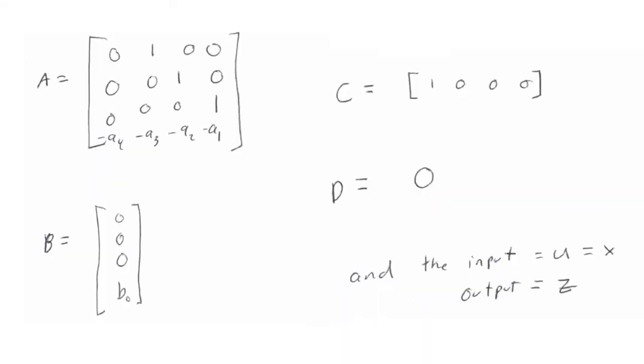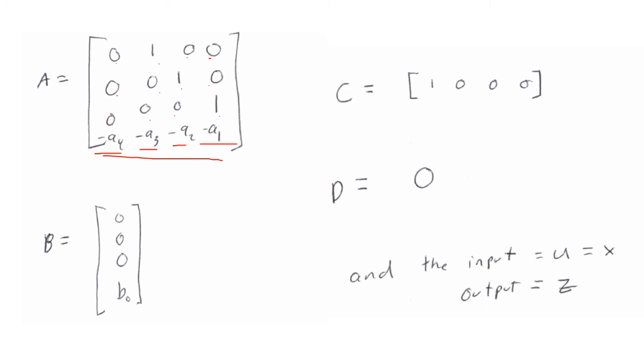I'm going to rewrite all of these a little bigger and clearer, so we can clearly understand what our A, B, C, and D are for this equation. Our A matrix is 0, 1, 0, 0; 0, 0, 1, 0; 0, 0, 0, 1; and then negative a4, negative a3, negative a2, and negative a1, a 4 by 4 matrix.